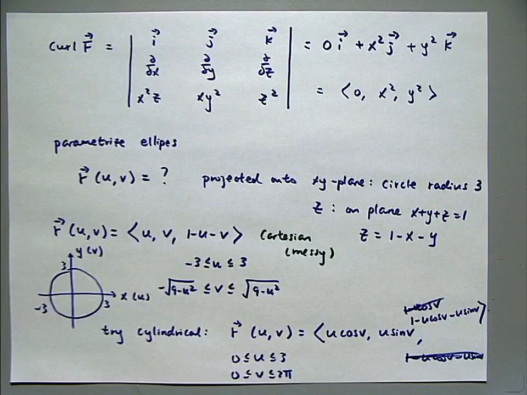First component will be u sine squared v minus u cosine v sine v, right? And then minus all of this stuff. So plus overall u cosine squared v plus u cosine v sine v.